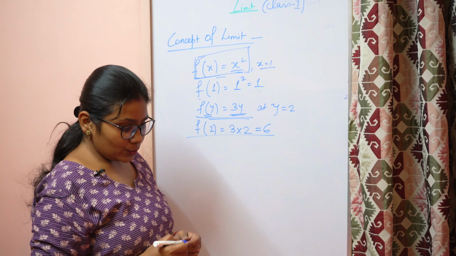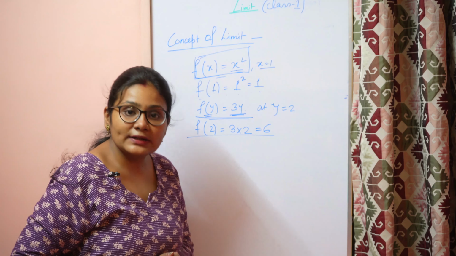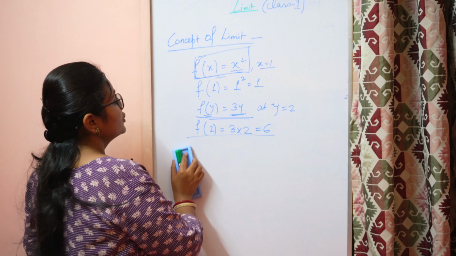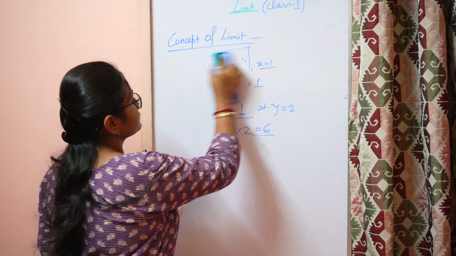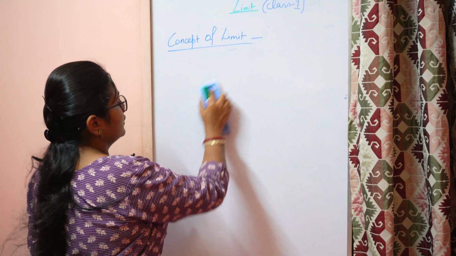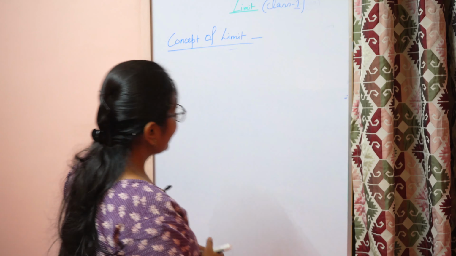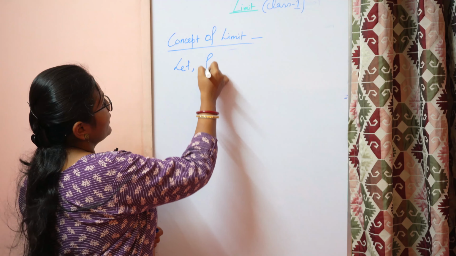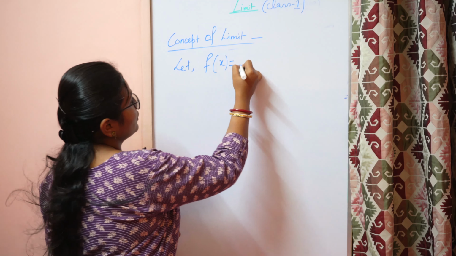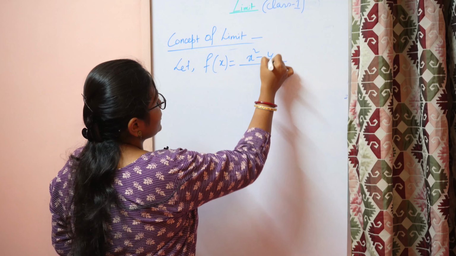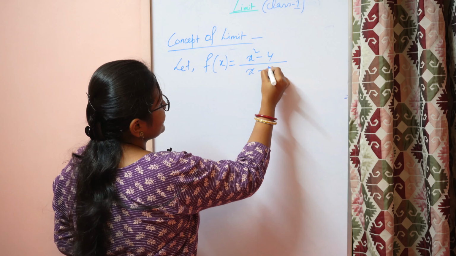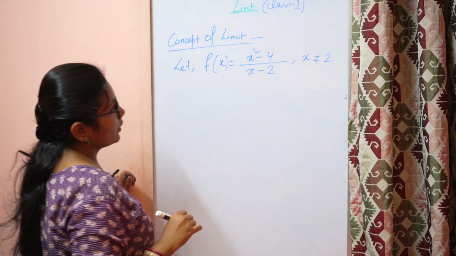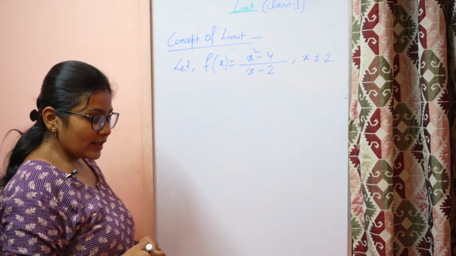Now coming to the concept of limit. So what is the concept of limit? First I am taking a function. Let f(x) is equal to (x square minus 4) by (x minus 2), where x is not equal to 2. This is a function.